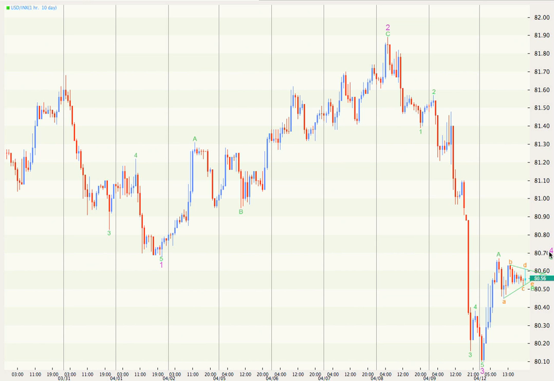Because wave 4 cannot move into price territory of wave 1, I don't expect the dollar to get up during this correction to 80.68 or above. If it does, we'll have to completely reassess this whole wave count at the hourly level. It looks like within wave 4 pink we have a nice strong 5-wave impulse for A, with a triangle possibly forming in a B wave position.